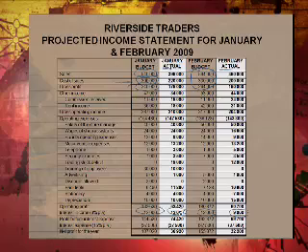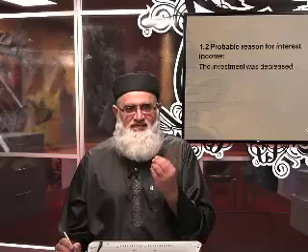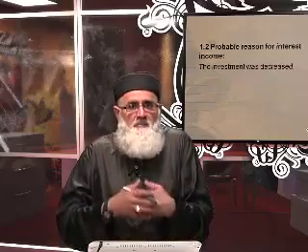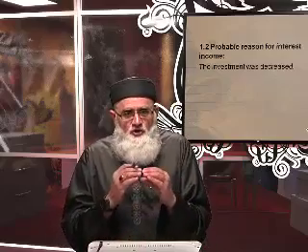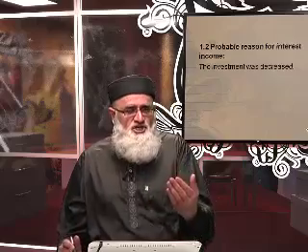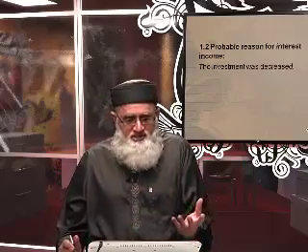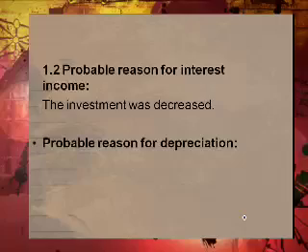The actual was 12,000 and then it became 9,000. So obviously what had happened was your investment had decreased. Obviously, investments are based on the amount of the investment. The more you invest, the more your return. If you look at an investment and you see that the interest has decreased, the possible reason is that the amount of the investment has decreased.